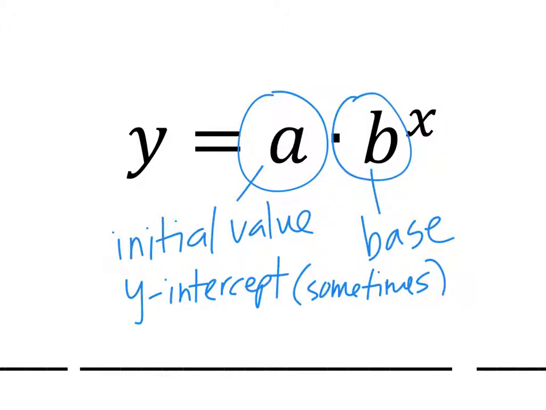Okay, so let's go ahead and graph some exponential models so you can see in general how this shape looks. We're going to do an easy one first, which is on the top left: y equals 2 to the x.